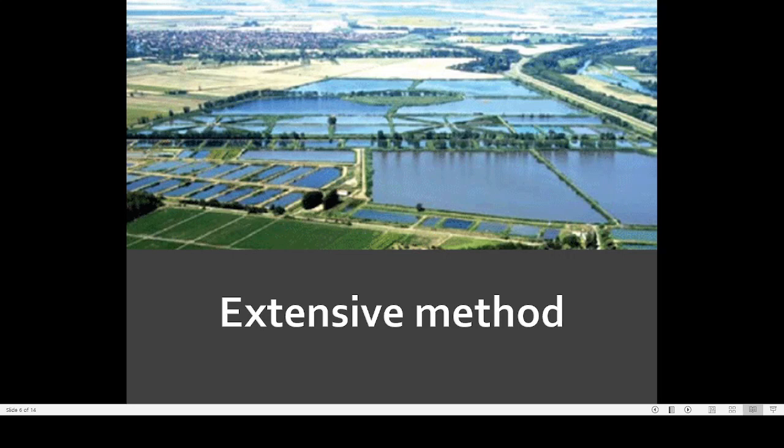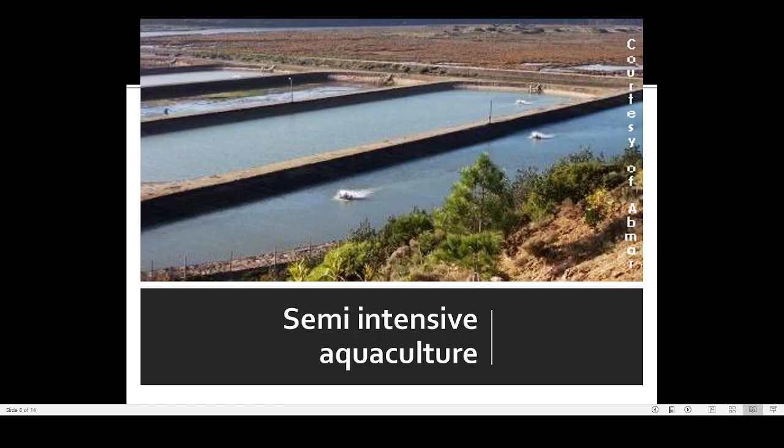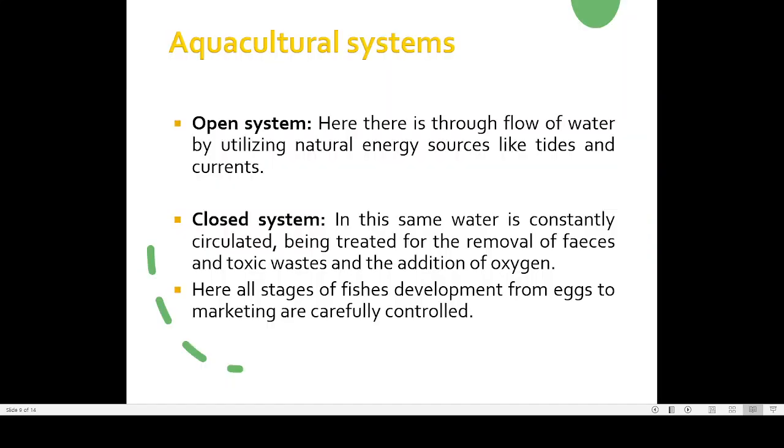So that will be the movement-causing factor in the use of a natural water body. Such systems where there is a thorough flow of water using natural tides or currents are known as open systems.